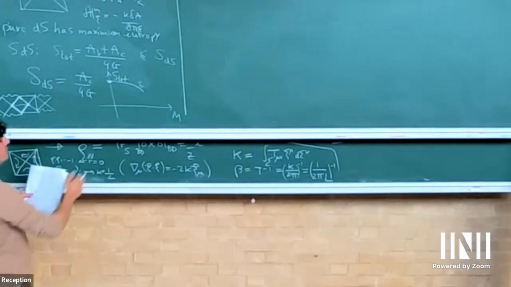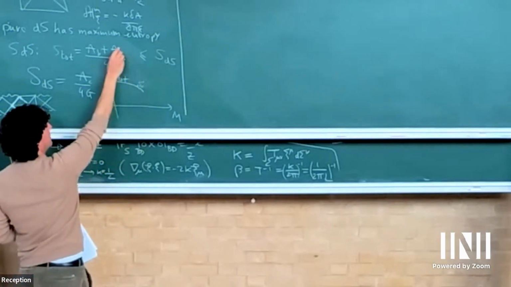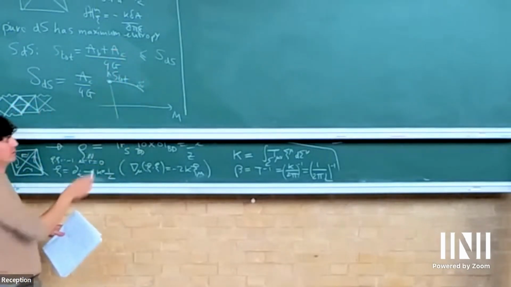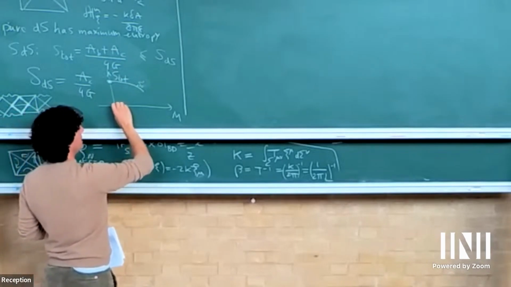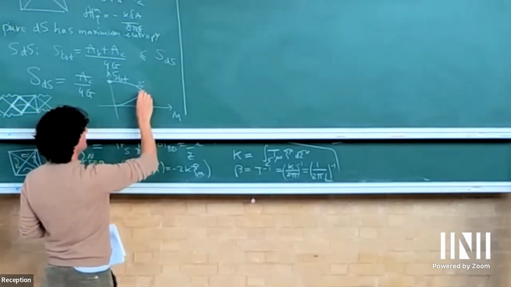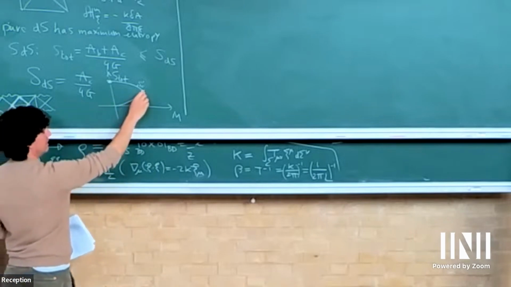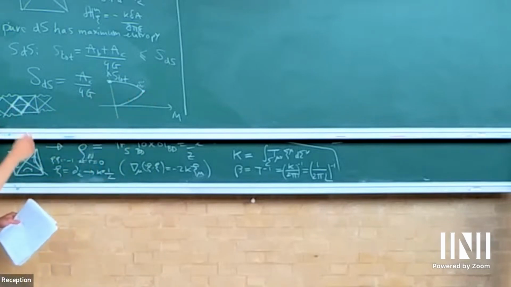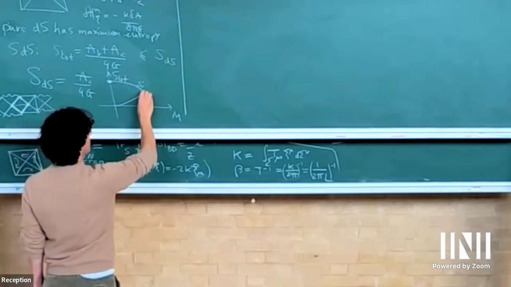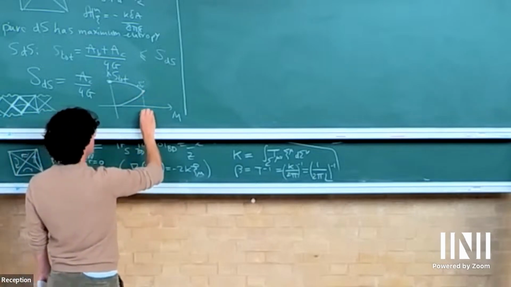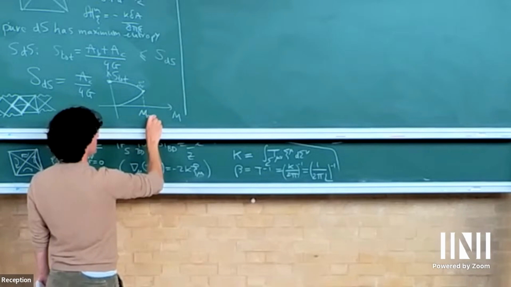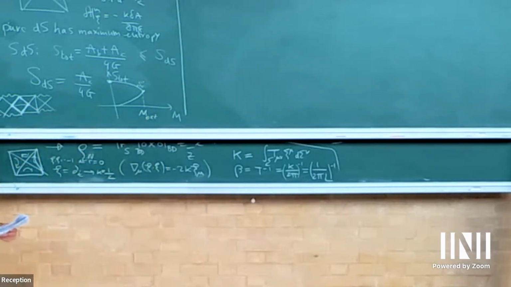So here I only drew the area of the cosmological horizon. Now, if you also draw the area of the black hole event horizon, then that increases if I increase the mass. There is a maximum mass. So that's the extremal black hole in de Sitter space.